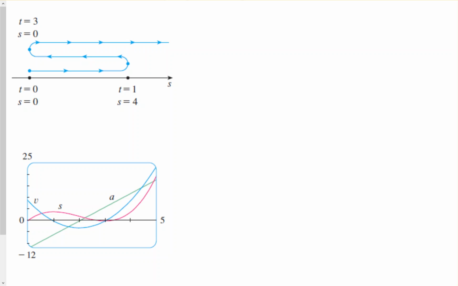The top graph is the earlier graph where we're showing the diagram to represent the motion of the particle. The bottom graph is the graph of position. That's the S in pink, velocity in blue, and acceleration in green.